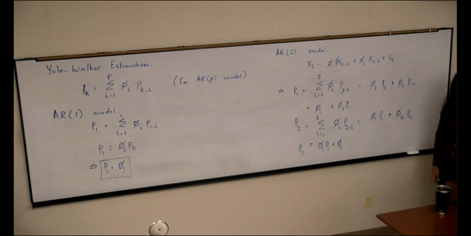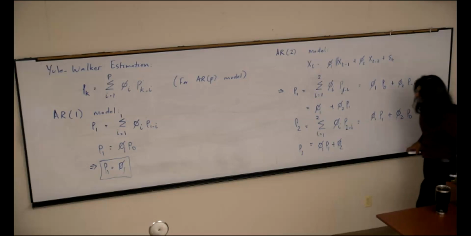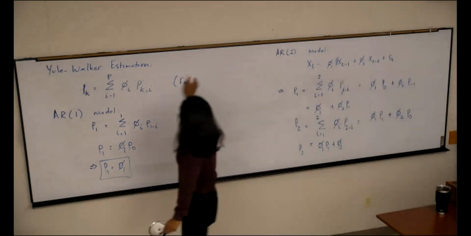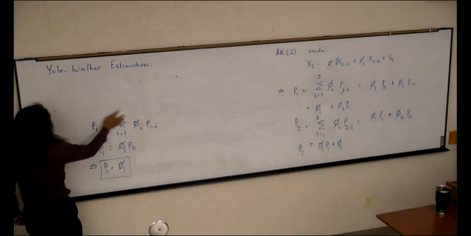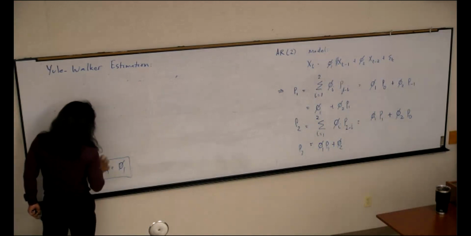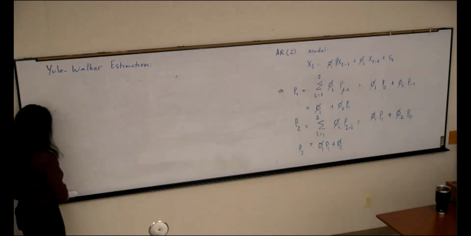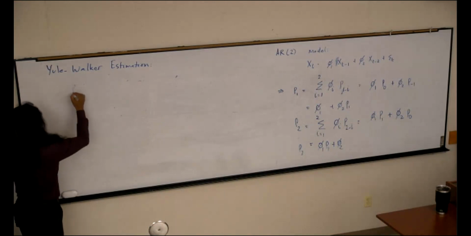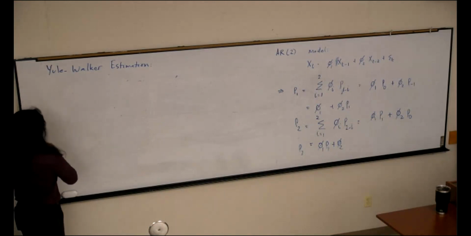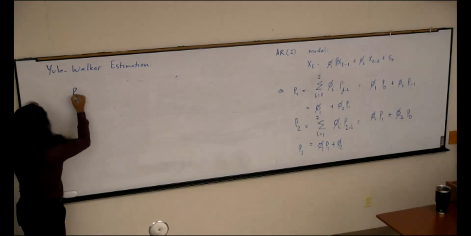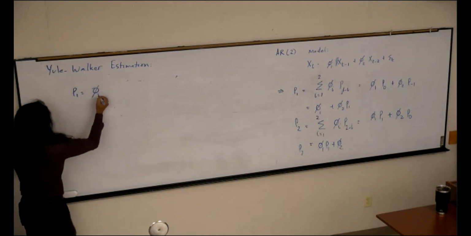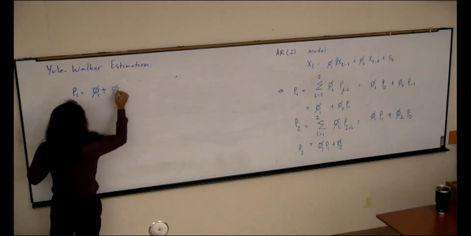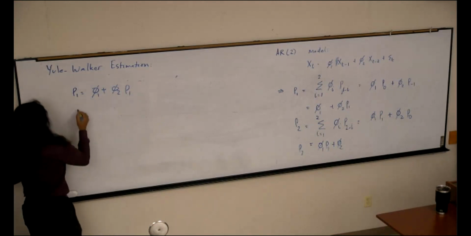What do we use? Algebra works. First equation, rho 1 is equal to phi1 plus phi2 rho 1.